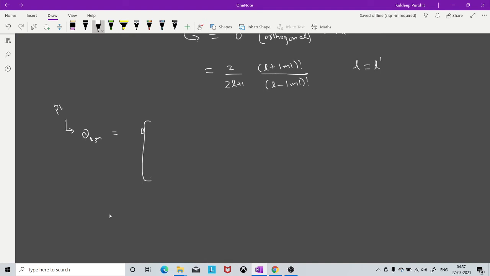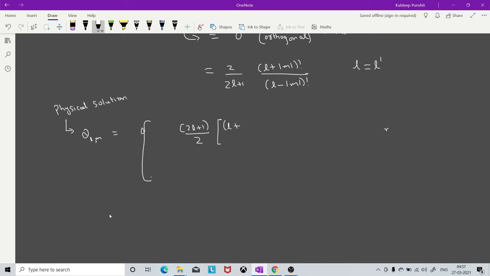For physical solutions, the norm should be equal to 1. So I have the factor (2l plus 1) by 2, times (l plus m factorial divided by l minus m factorial), raised to 1 by 2.